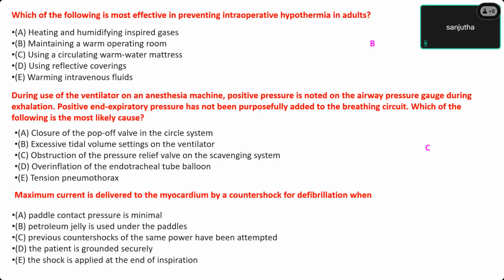When will the heart receive the maximum current among these 5 situations? The answer is C. When already we have tried several times shocking the patient and you are doing it again and again, that will produce a much more maximum current delivery. Okay. So a heart which has been receiving counter shocks again and again, that will get the maximum current.